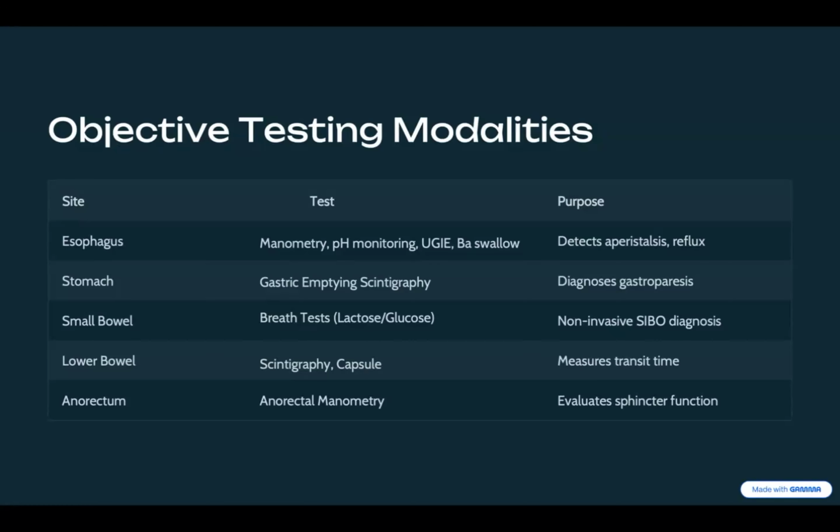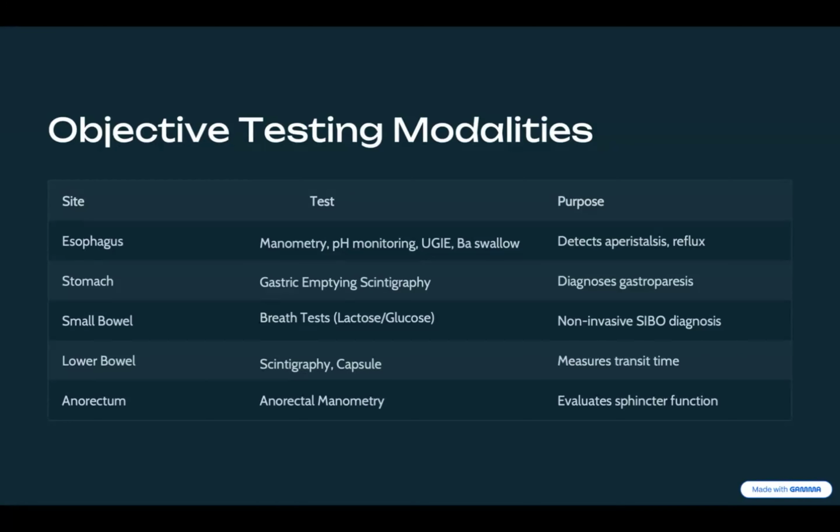You can also do a hydrogen breath test, for lactose intolerance, where you use lactose with a hydrogen breath test. And for orocecal transit time also, you can use glucose, because once it reaches the cecum there is bacterial growth, and whenever there are outpouchings or a blind sac, and there is a SIBO component, there will be increased utilization of this glucose, and you can detect it in your breath.